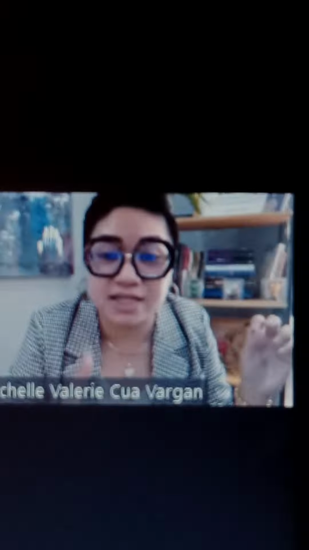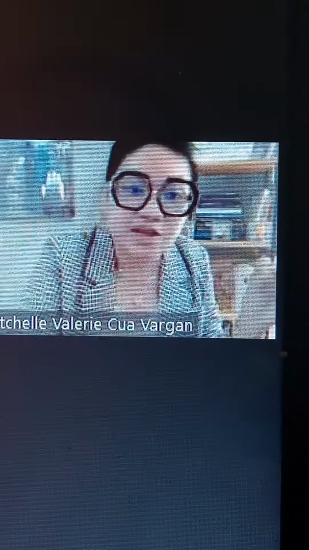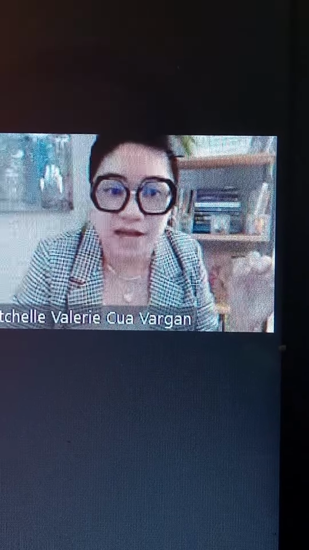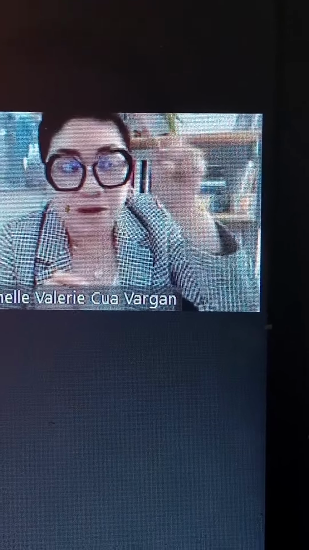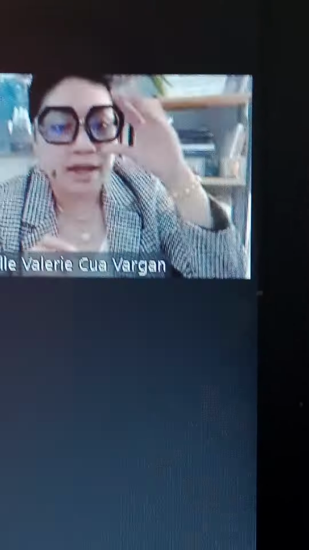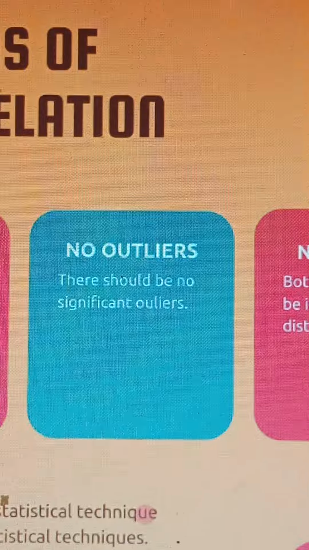The next one is the outlier. Remember yesterday we discussed outliers and how to deal with them. Now it says here there should be no significant outliers. What does it mean? Those values we saw yesterday that had asterisks. There are also values that only have circles outside; they are also considered outliers, but they are not significant outliers because they don't have the asterisks.